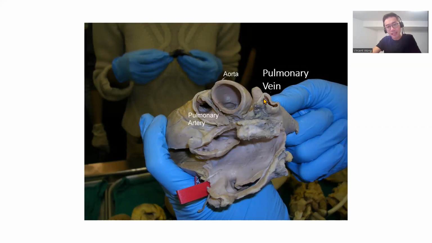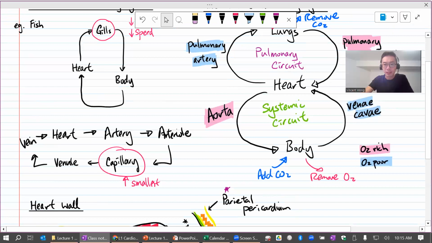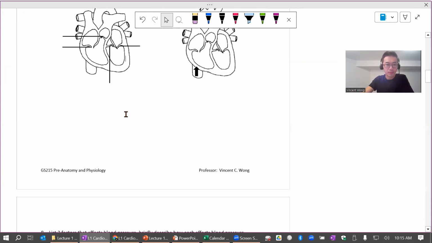Next to it, you can see the pulmonary vein, which is substantially smaller, and you can see the pulmonary artery right here as well. If you look back to your diagram here, there it is.